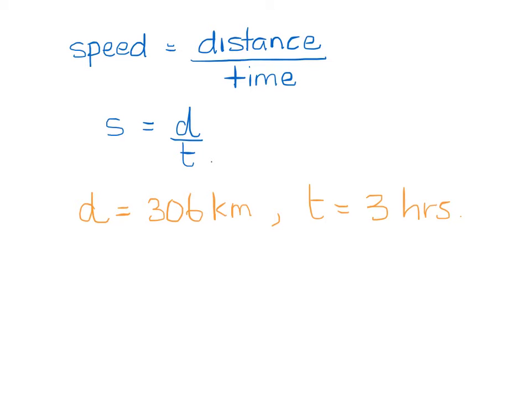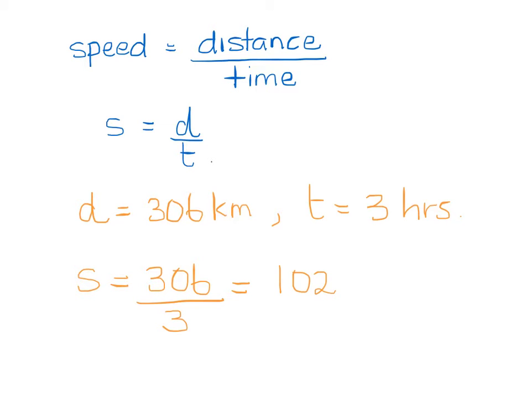So let's have a look at doing that. We're looking for S, which is speed, substituting in 306 for distance and 3 hours for time. Remember, distance was in kilometres and time is in hours. 3 divides into 306 102 times.